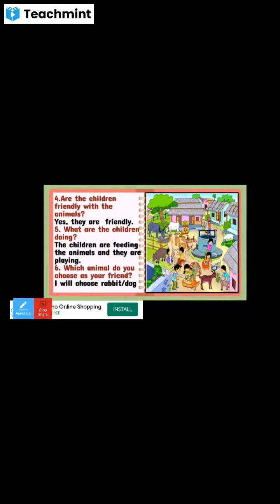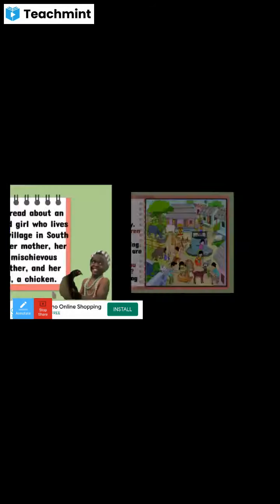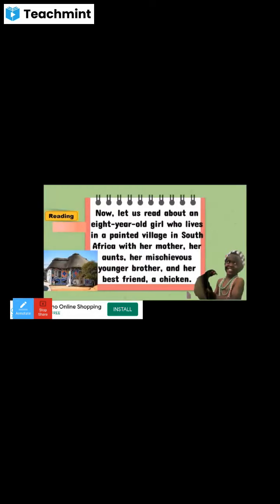Mostly children would choose a rabbit or dog. If you like a dog, if you like a pig, then you can choose that as your friend. Here now we are discussing an 8 years old girl.